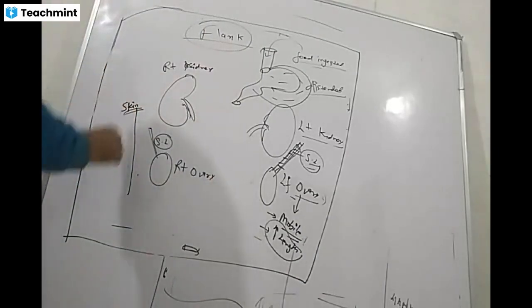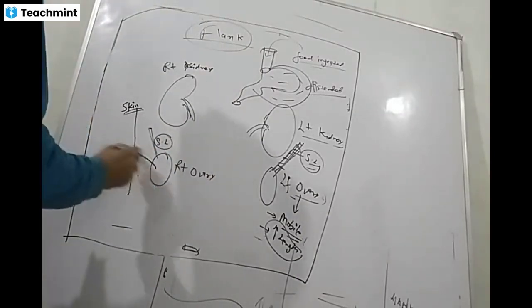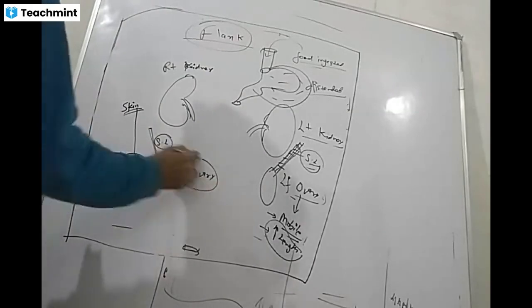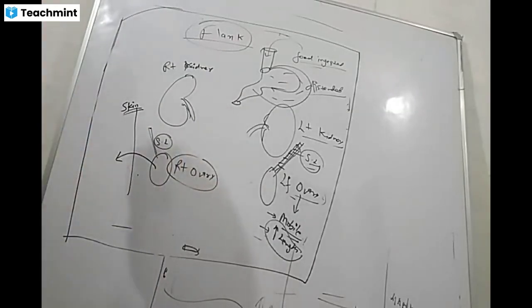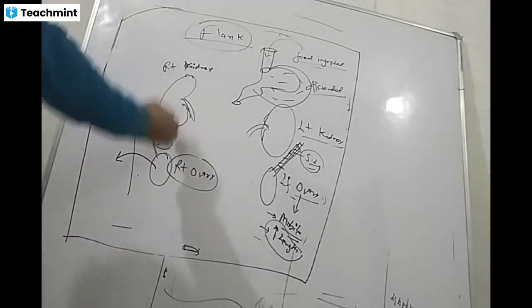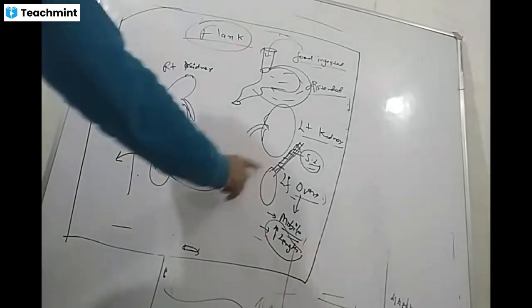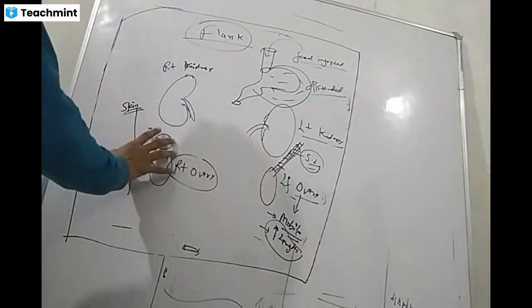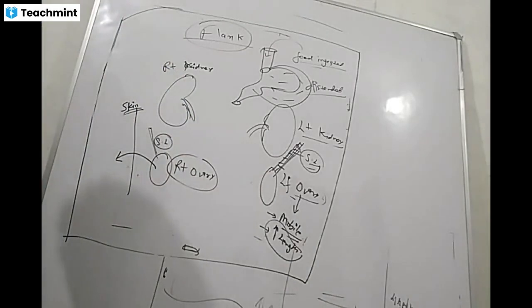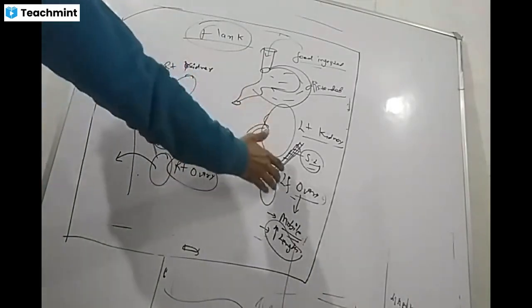If you make your incision on the skin here, then it is very easy to exteriorize the right ovary because it is located just beneath your incision. But the left ovary is the far ovary, away from the incision.